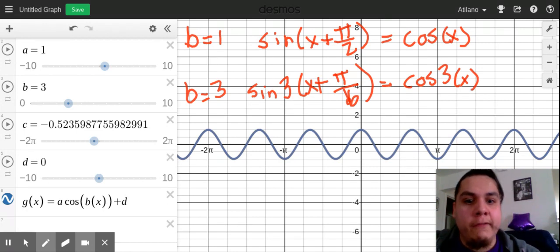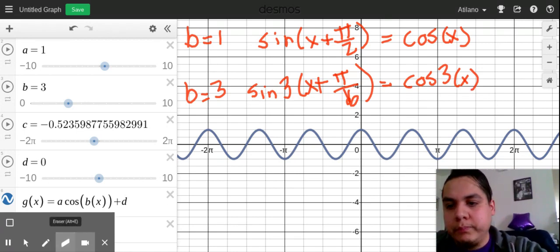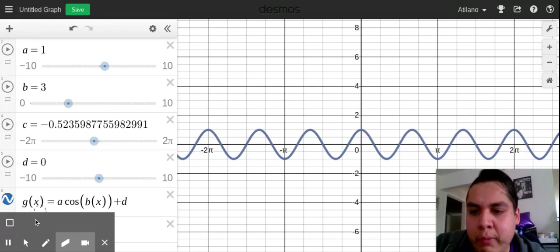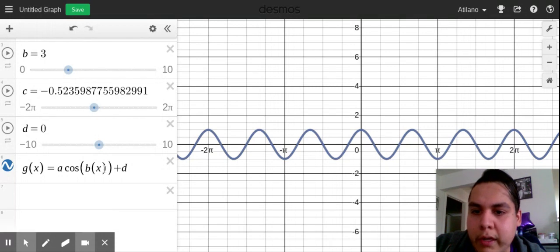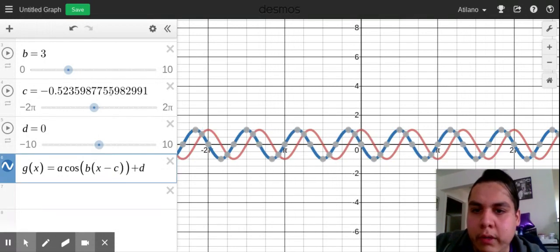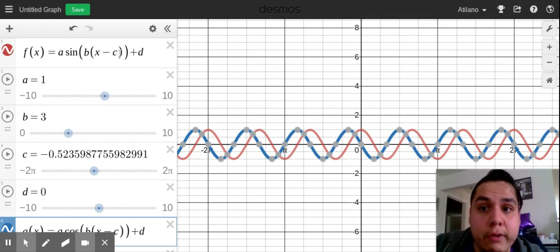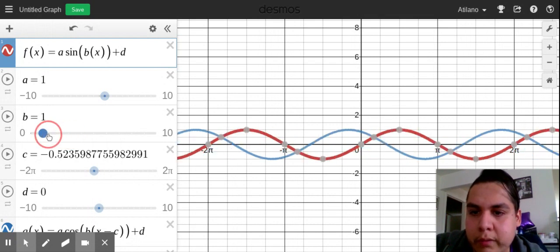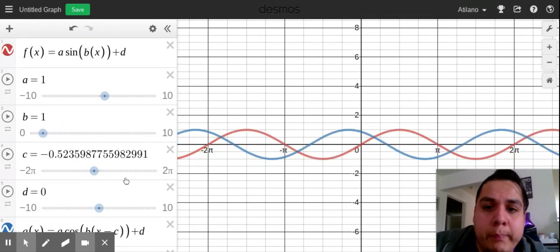So I'll leave that up for a reflection post. So now that we've done that, well, what if I wanted to go the other way, right? What if I wanted to make cosine look like a sine graph? Yeah, let's move this back down to 1. Let's start simple, okay?